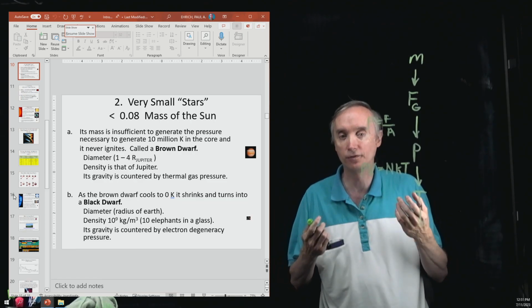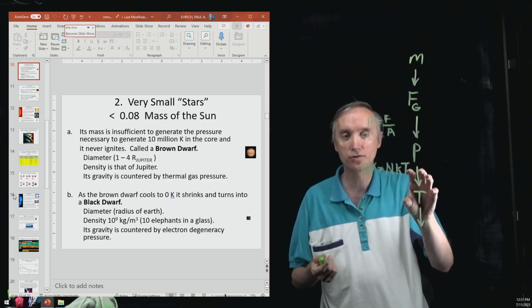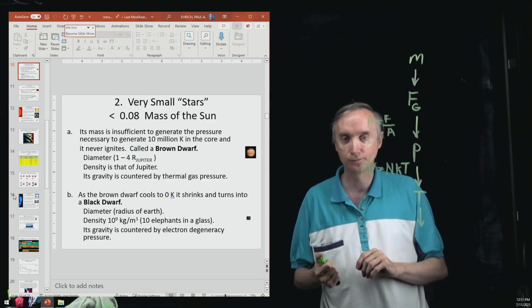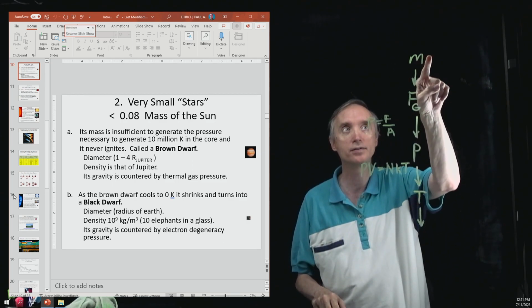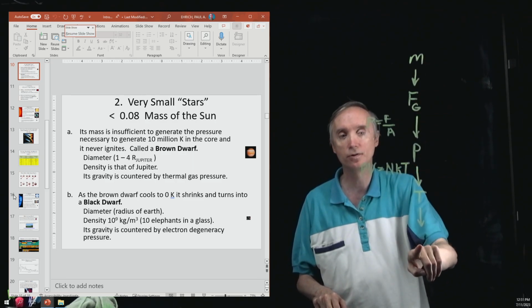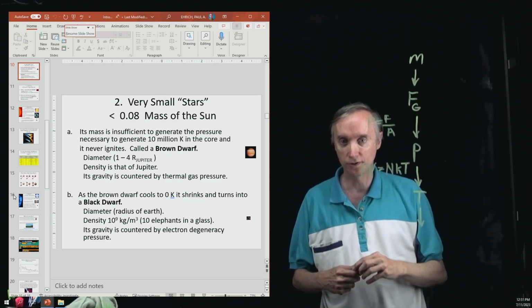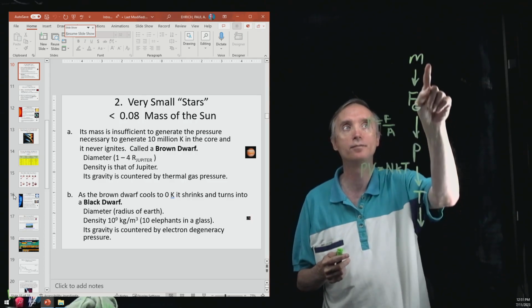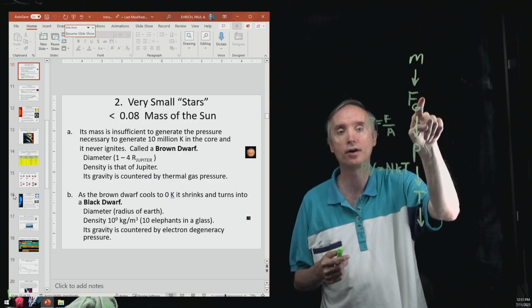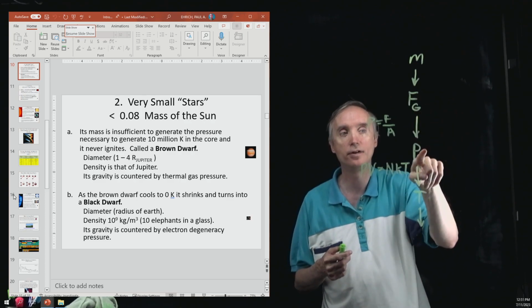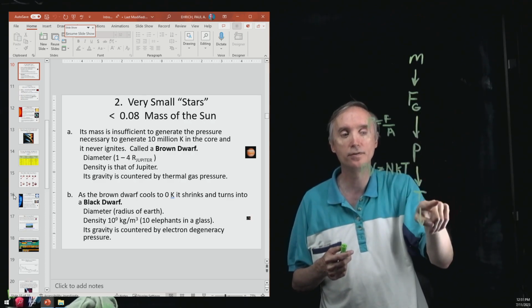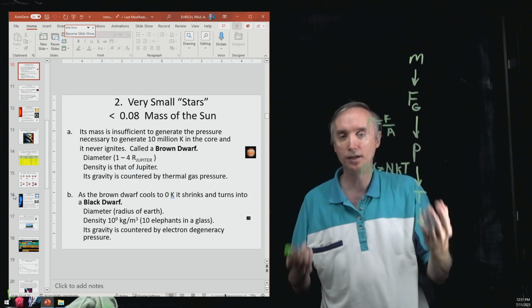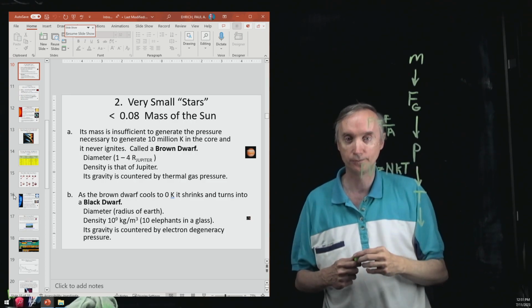You'll have nuclear fusion, and it will start to turn into helium. So think that mass is ultimately what's causing the nuclear explosions. But this object is not going to have enough mass to generate enough gravity, to generate enough pressure, to generate the 10 million Kelvin needed for ignition.